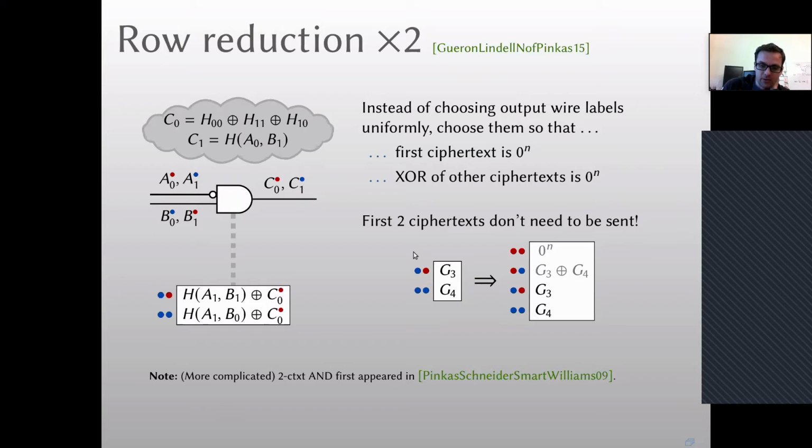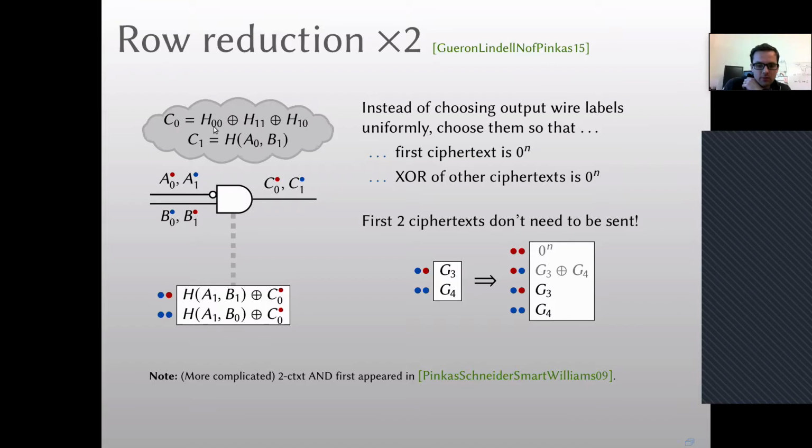If I just send you the last 2 ciphertexts, then you know that the first one should have been all zeros, and you know that the second ciphertext has to be the XOR of the last 2. That's the only way that all 3 of them would XOR to all zeros. So this is a nice trick. It's due to Gueron, Lindell, Nof, and Pinkas.